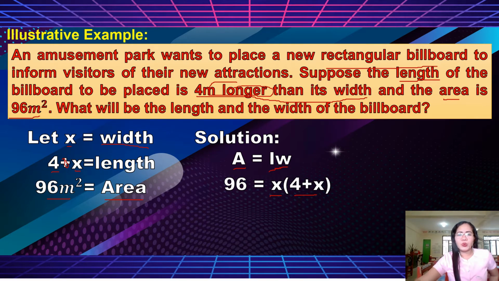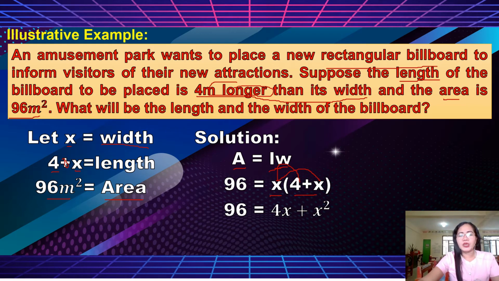Okay, afterwards, you are going to multiply a monomial by a binomial. From our previous topic, how are we going to multiply a monomial and a binomial? We distribute the monomial. So, copy 96, then x times the binomial: x times 4 is 4x, and x times x is x squared.